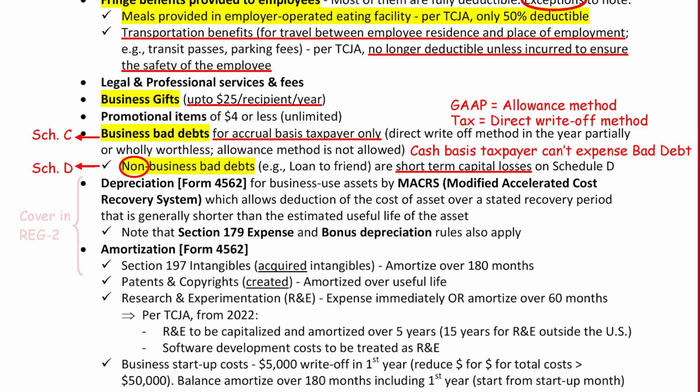Draw a bracket there and write cover in Reg 2.